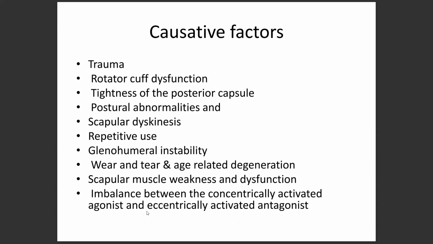There are subtypes, other types of scapular dyskinesia, and what these types mean will be discussed along with images. Repetitive use is also a cause of subacromial impingement syndrome among throwers and in other sports activities in which there is overhead throwing.